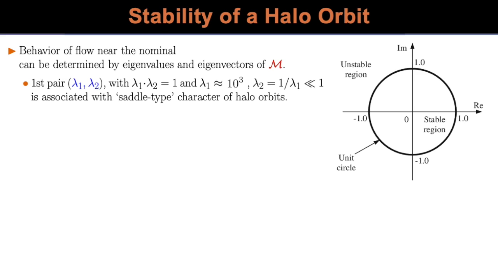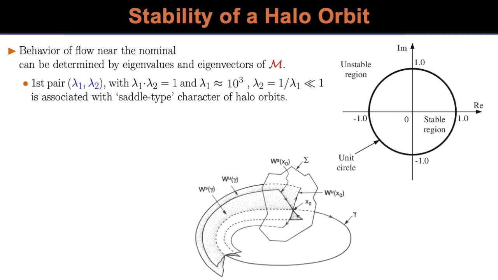I'll label them lambda 1 through lambda 6. Lambda 1 and lambda 2 are a pair, where lambda 1 is about 1,000, and lambda 2 is 1 over lambda 1, so it's much, much less than 1. These are associated with the saddle-type character of halo orbits. If you know about nonlinear dynamics, saddles mean that there are directions coming in and directions going out.